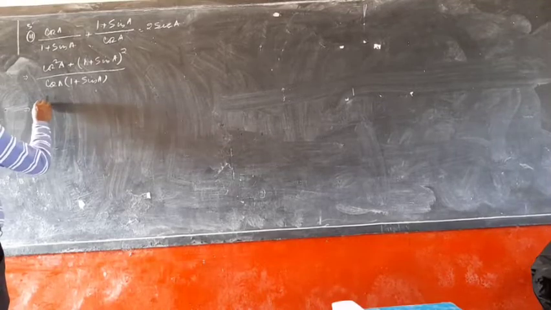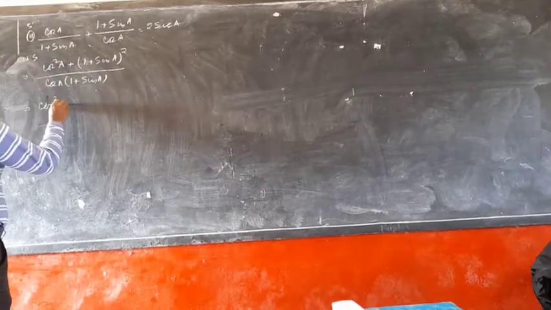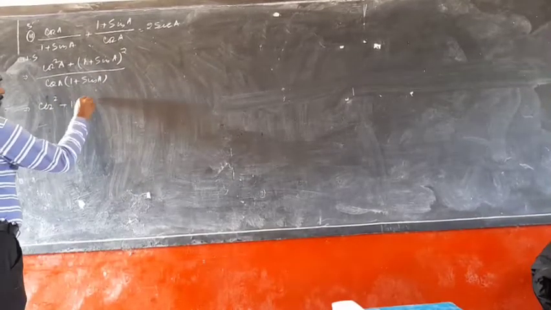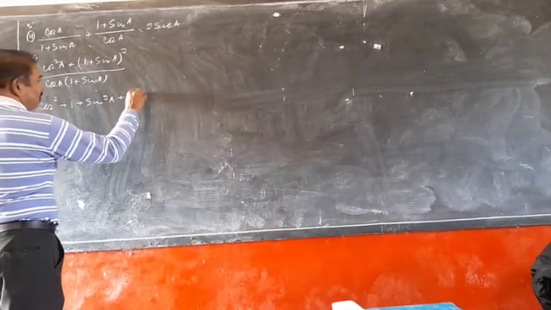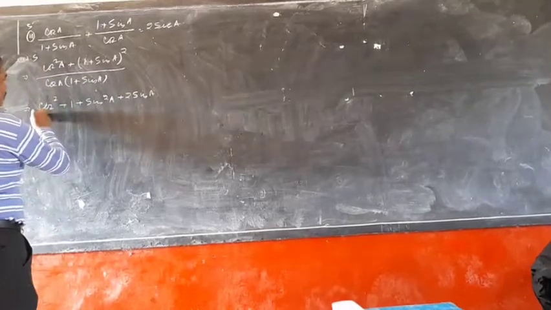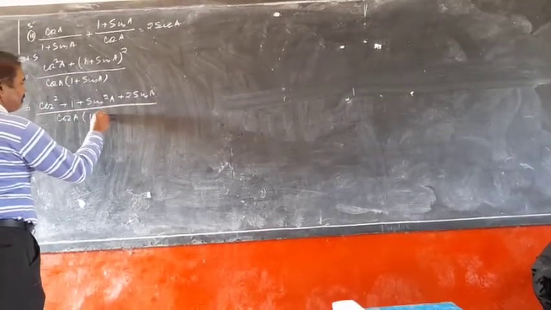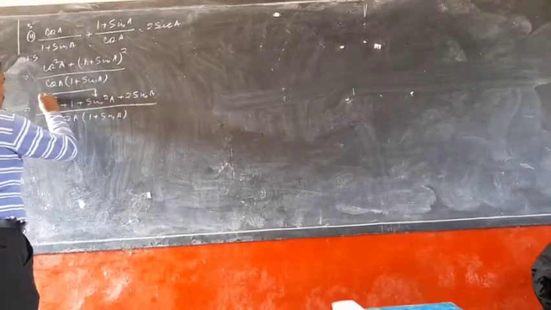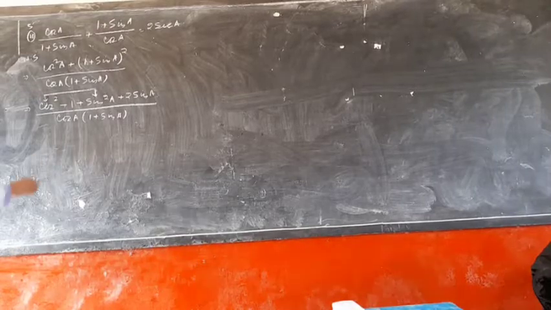After that, the third step. This one is the LHS. A plus B whole square is A square plus B square plus 2AB, into cos A into 1 plus sin A. Now here we are using the identities: sin square A plus cos square A, the first formula, is equal to 1.